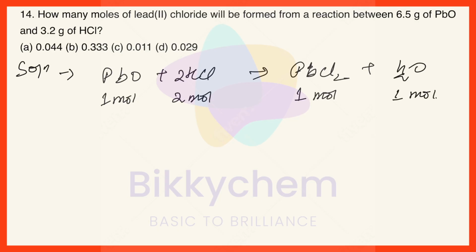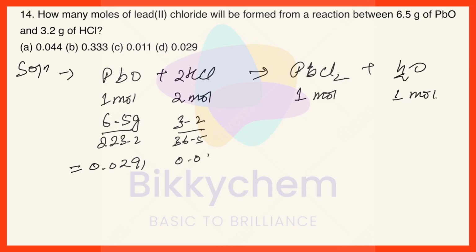So 6.5 gram divided by 223.2, the molar mass of PbO, and 3.2 gram, and it will be 3.2 divided by 36.5. The moles we found are 0.091 and 0.0877.